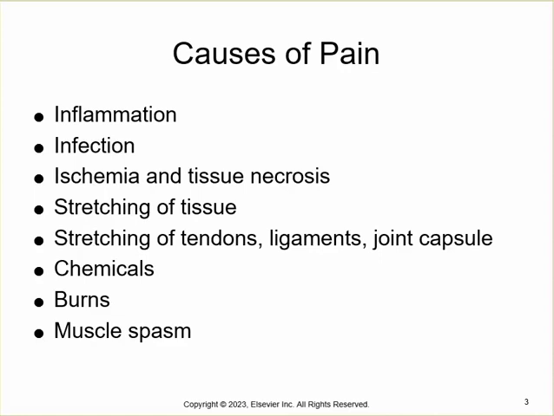Inflammation and pain go together, and any tissue damage causes inflammation, which therefore causes pain. Infections, ischemia, necrosis, deformation of the tissue, stretching of tendons, joints, ligaments, joint capsules, all add to it. Burns, muscle spasms cause pain, things like that.